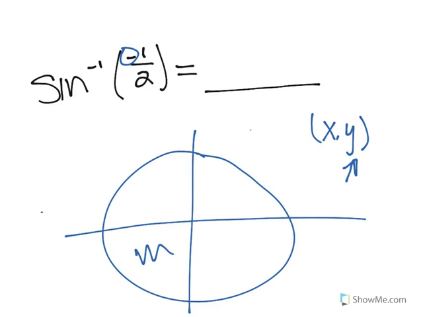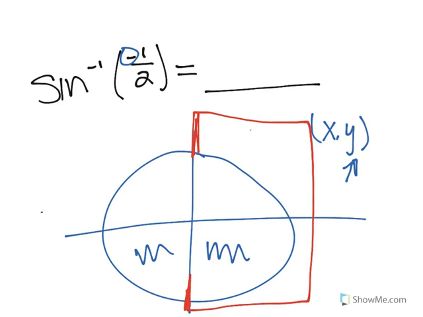So we're either going to be in the third quadrant or the fourth quadrant. But what we have to consider here is that sine inverse only works from pi over 2 to negative pi over 2. We're only looking at this side of the unit circle. So that means that we've got to be in the fourth quadrant. This is where we're looking for sure.